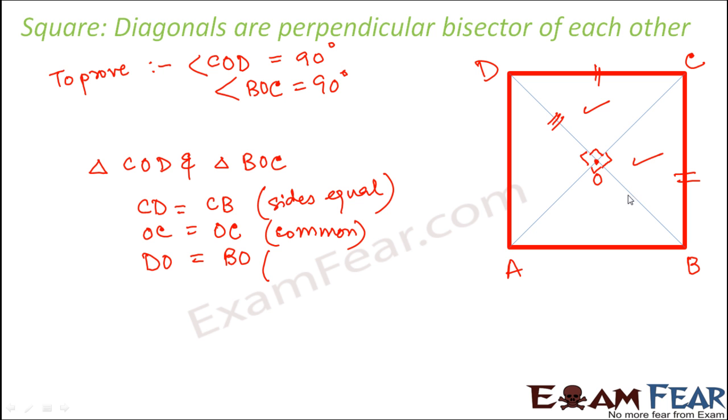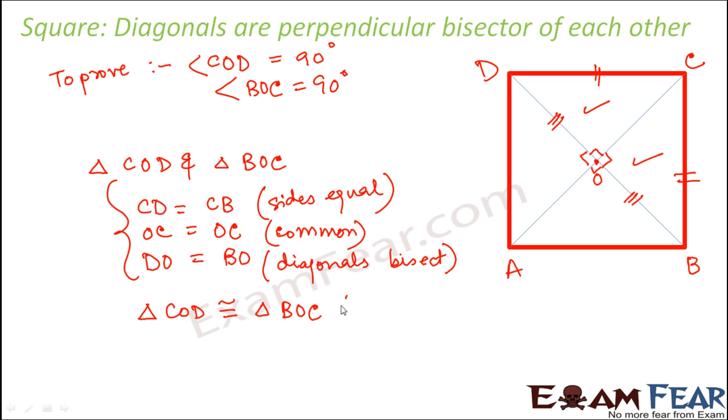Now why DO is equal to BO? That's because as a property of parallelogram itself, we know that the diagonals bisect each other. So because of that, DO will be equal to BO. Now considering these three relations, we can say that triangle COD is congruent with triangle BOC by side congruency, SSS congruency.